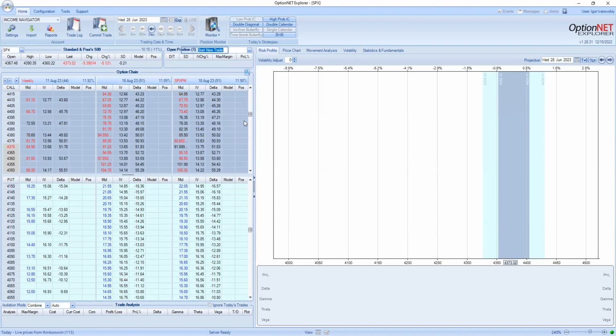21 DTE compared to a 60 DTE trade, even though they're set up in a similar way, a 21 DTE trade is going to be a lot closer to at the money. There's also going to be a lot more sensitivity to price changes day to day. It may not sound like a big deal right now because the market isn't really moving a whole lot.